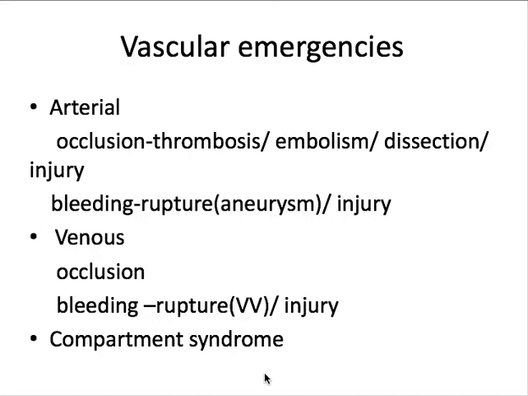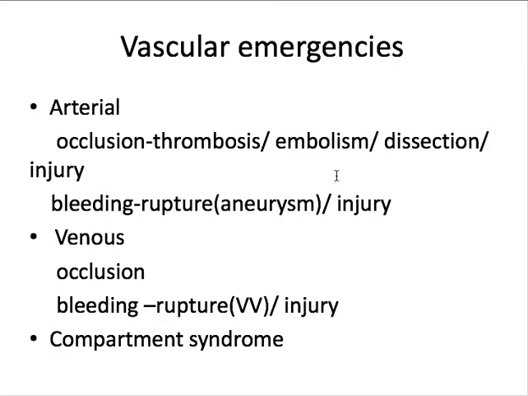a common thing is happening in the lower limb. So when there's a vascular emergency of the lower limb, most of the time they present as acute limb pain due to the occlusion of the vessel, maybe due to thrombosis, embolism, or maybe due to injury.